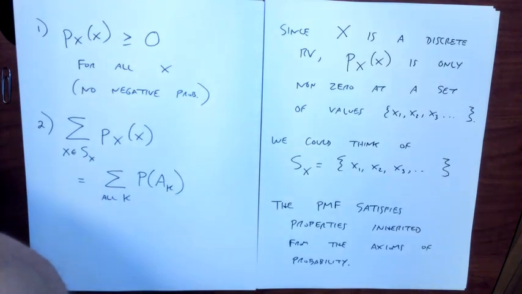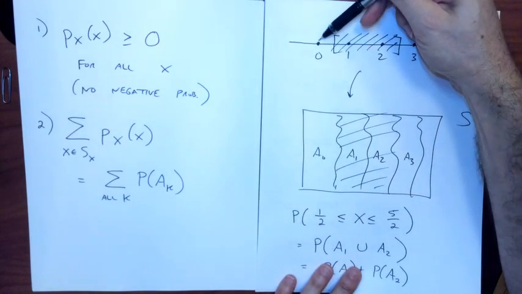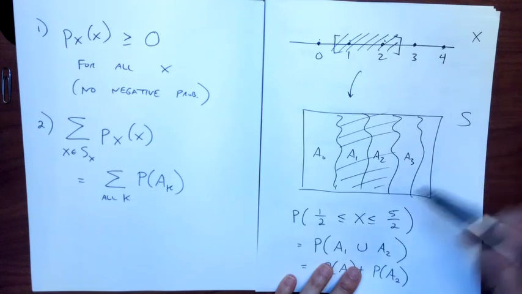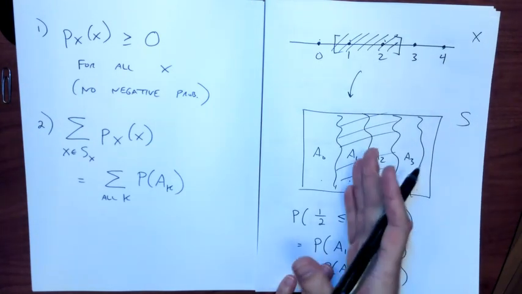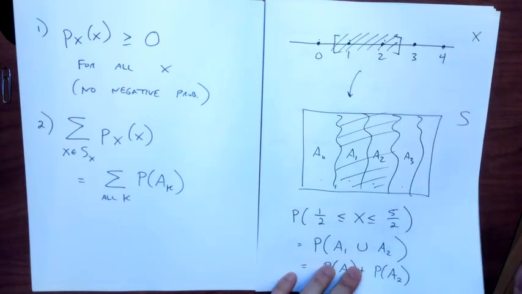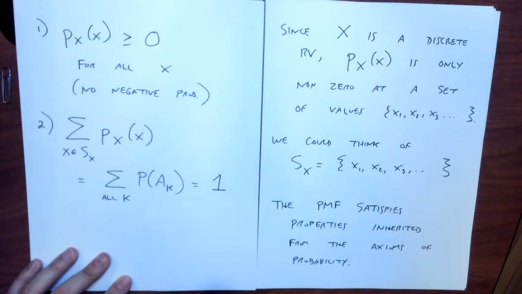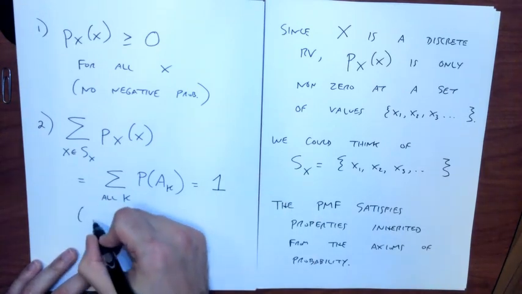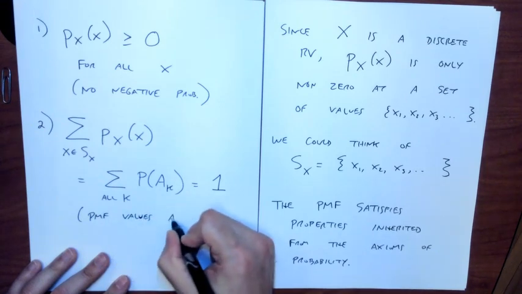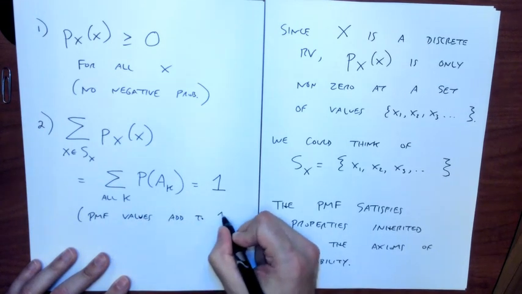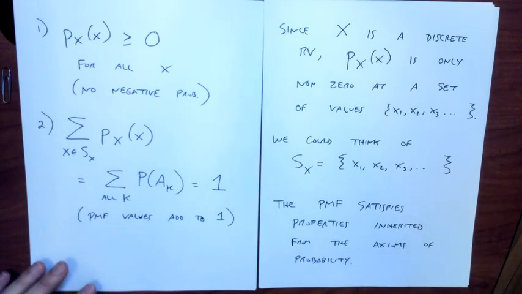Remember that it's like this picture. I want to add up the probability of this, plus the probability of this, plus the probability of that. That's the same as adding up the probabilities of these big events back in the sample space. Since they don't overlap and they comprise the whole thing, this whole thing has to add up to 1. So basically, the PMF values add to 1. One of those things has to happen, and that makes up all the probability.